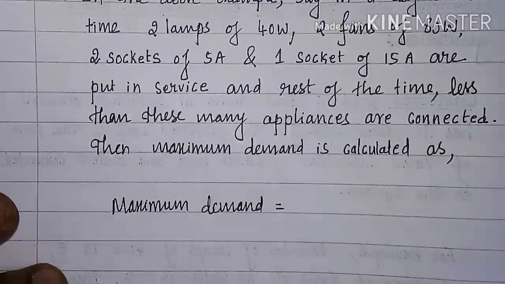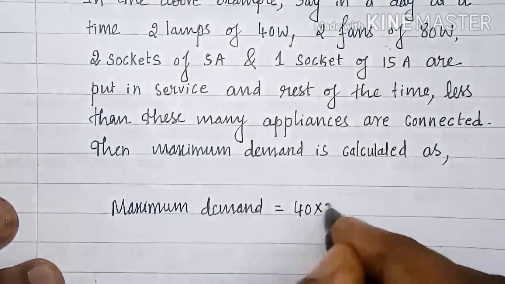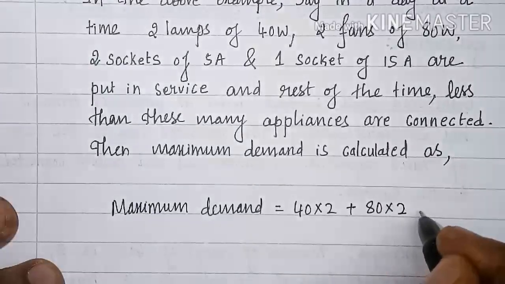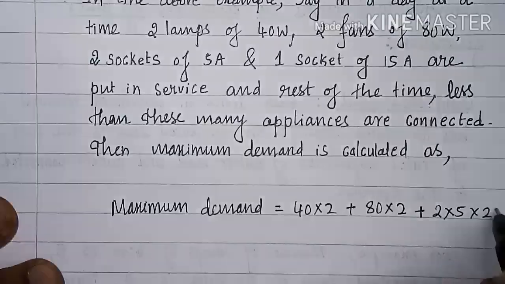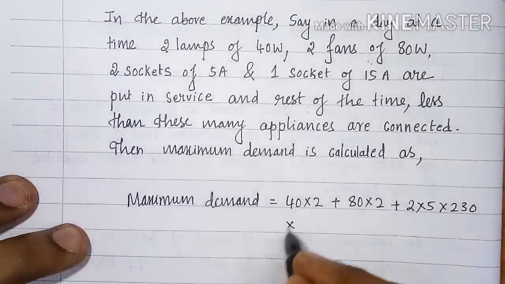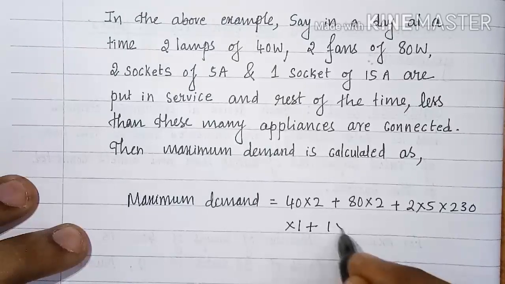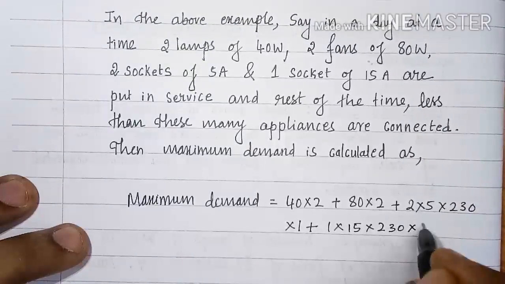Maximum demand equal to 40 into 2 plus 80 into 2 plus 2 into 5 into 230 into 1 plus 1 into 15 into 230 into 1.